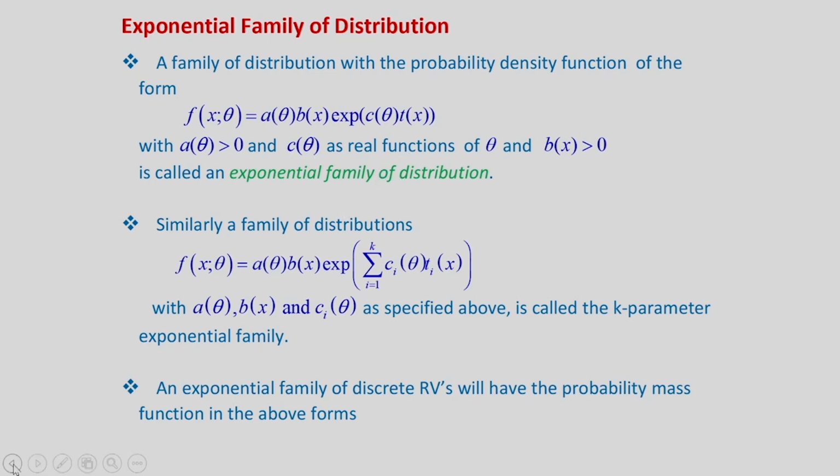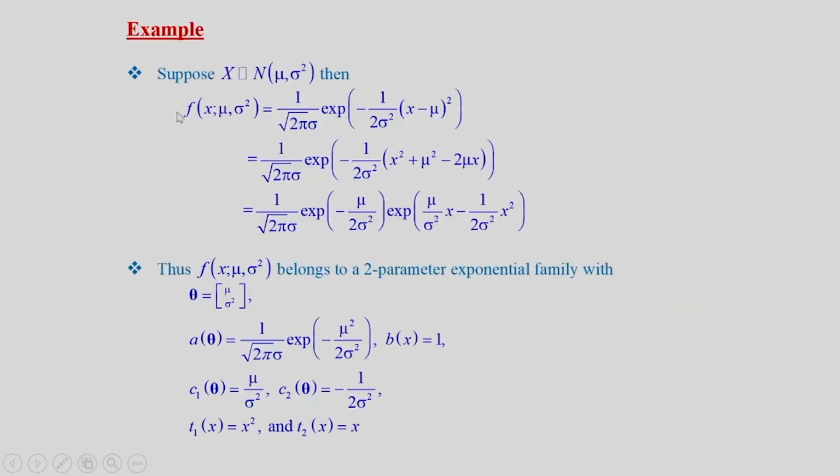And then this family is known as the k parameter exponential family of distribution. We can find out an exponential family of discrete random variables also in the similar manner. If the probability mass function can be written in this form, then that family will be called the exponential family of distribution. We will see one example.